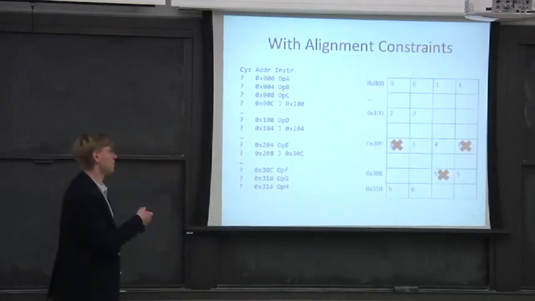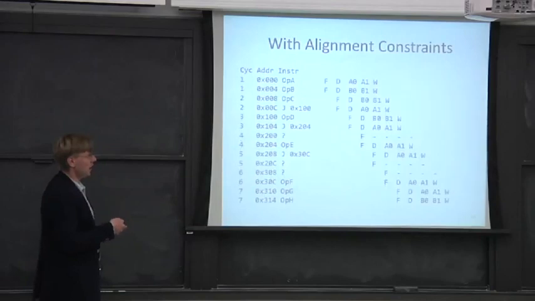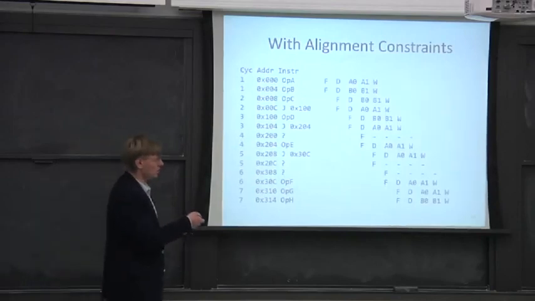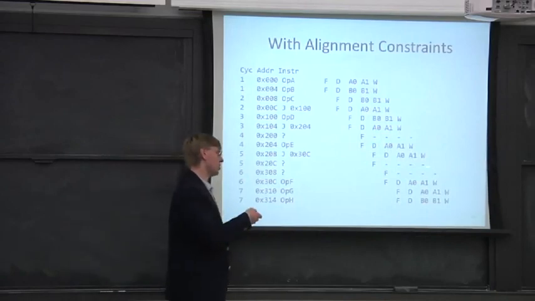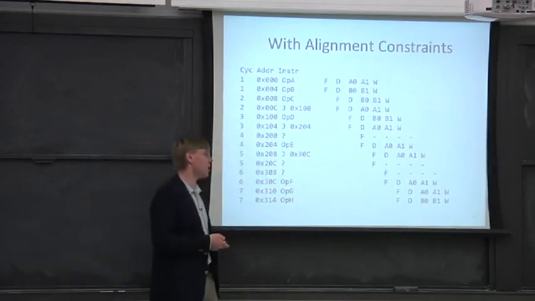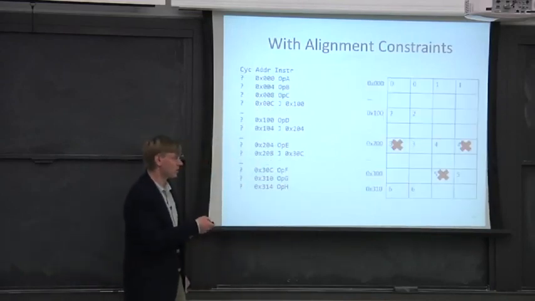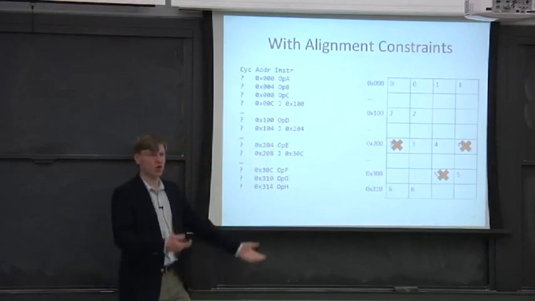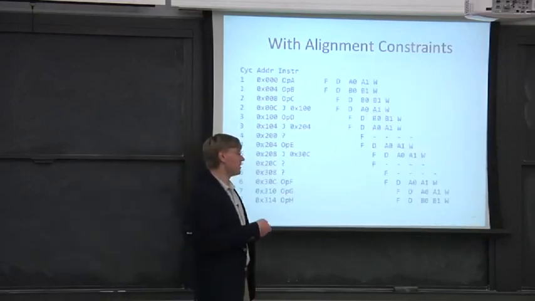So here is the same instruction sequence that we had here. The dead instructions, or killed instructions, that go down the pipe here are just these three X's. So we've effectively overfetched.